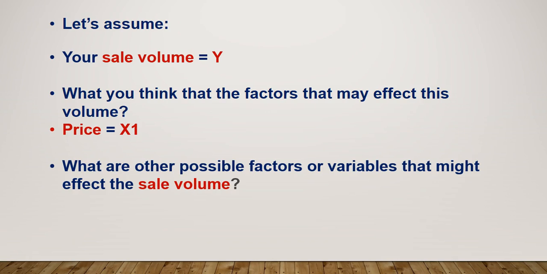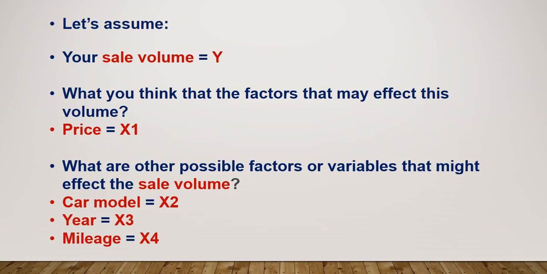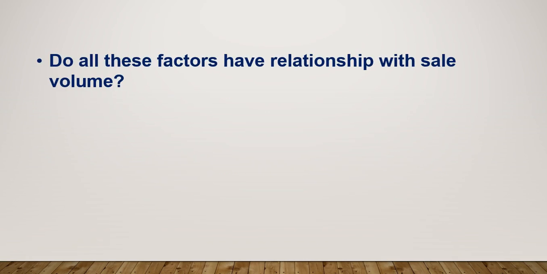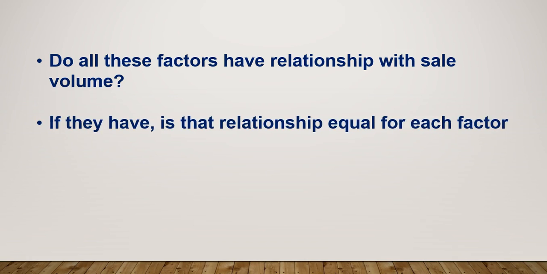What are other possible factors or variables that might affect the sales volume? Car model, or X2? Year, or X3? Mileage, or X4? Do all these factors have a relationship with the sales volume? If they do, is that relationship equal for each factor?